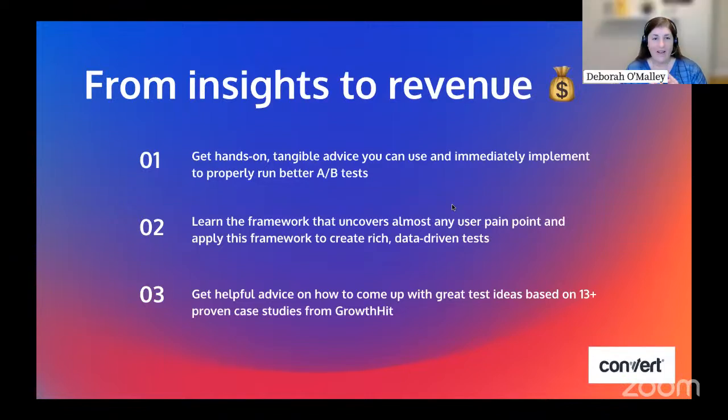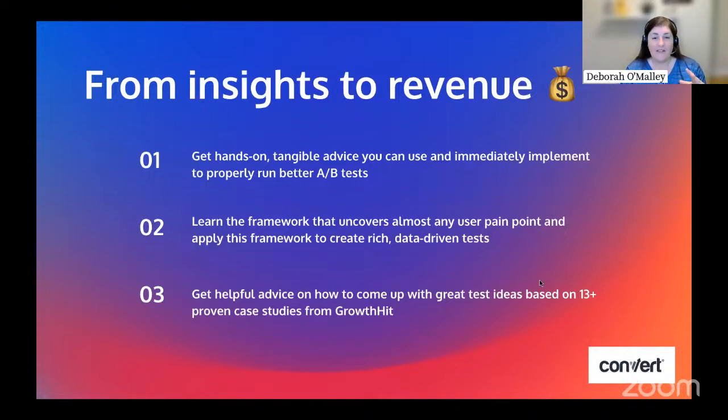We have a packed agenda, a lot of amazing material to get through today. What you're going to get is hands-on, tangible advice that you can use and immediately implement to properly run better A/B tests. After you hear Jim speak today, you'll be brimming with exciting ideas that you can apply to your own tests or use GrowthHit to help you test.